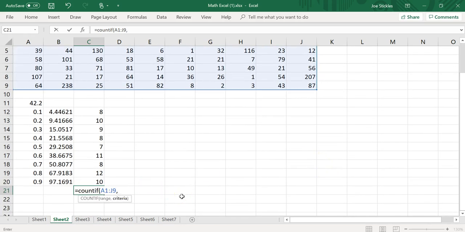And then I want strictly greater than that B20. I'm just checking to make sure we really count them all. That's all I'm doing. I know that this should be 7, right? So when I hit the enter key, we're going to see 7.